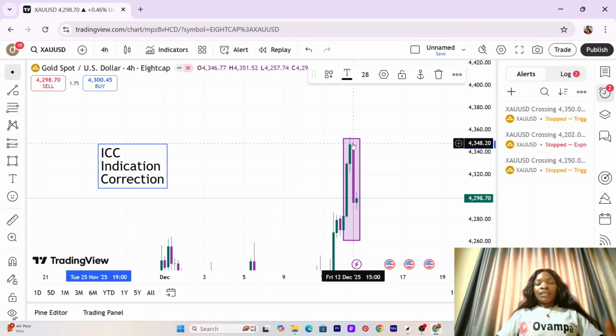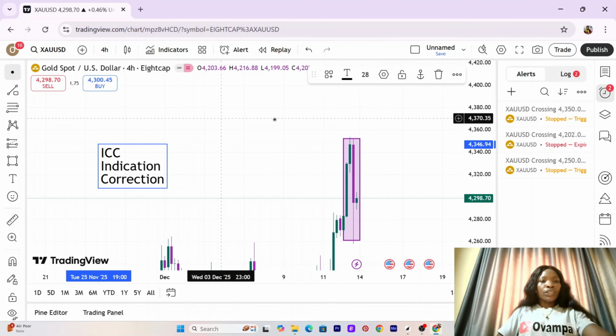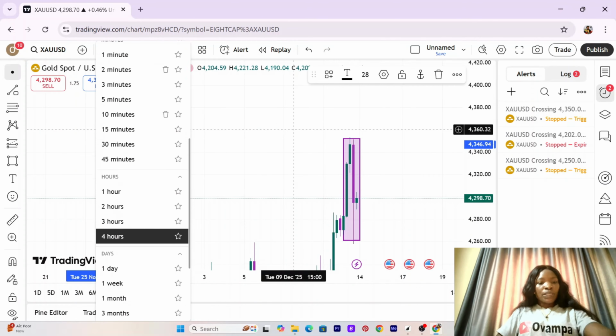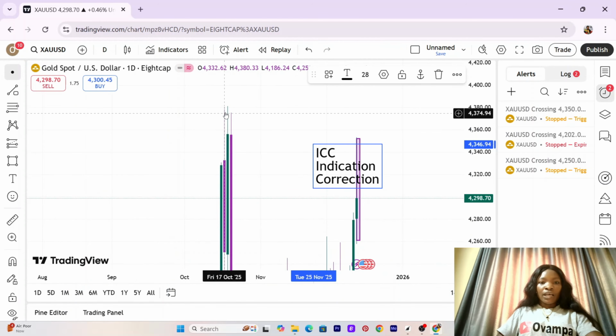So the powerful buyers, let's say two militaries from different countries, are the buyers and sellers represented here. The buyers are saying, no, we have to keep pushing up, because the place we are supposed to get to is the point that we went before, which is 4,376.